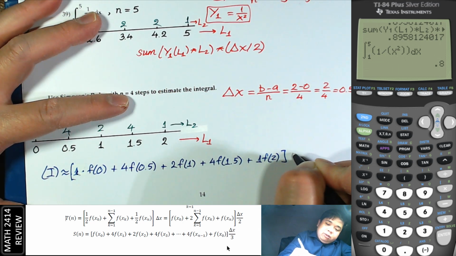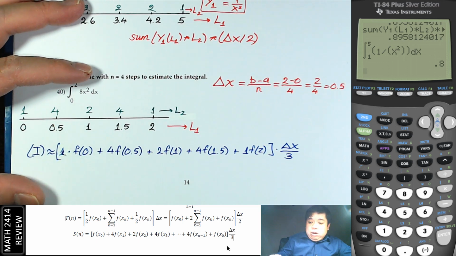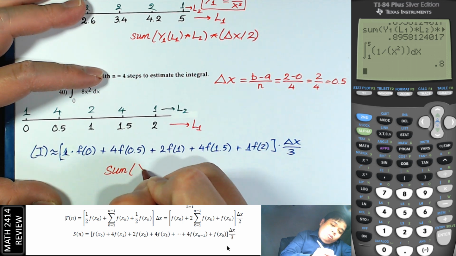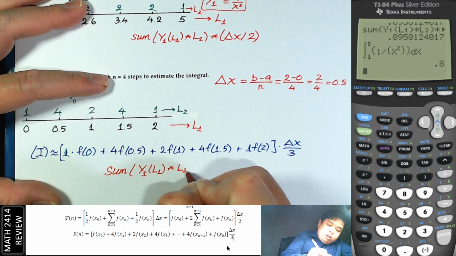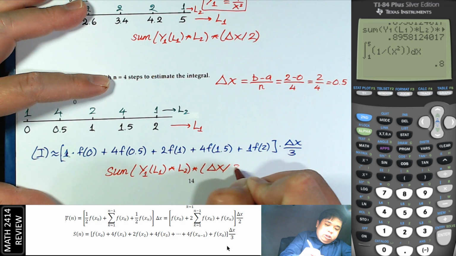Add all of them up, multiply by delta x divided by 3. So in the calculator we will have the summation of y1, this one, multiply L2, times delta x divided by 3.